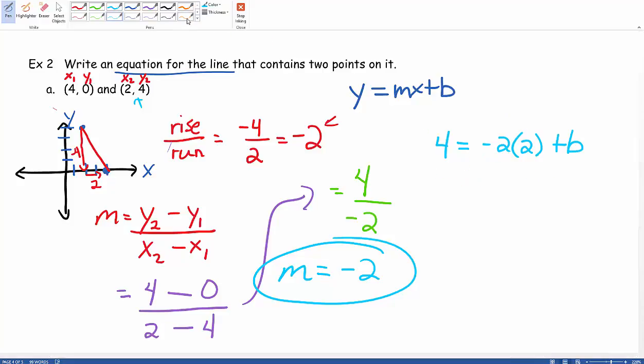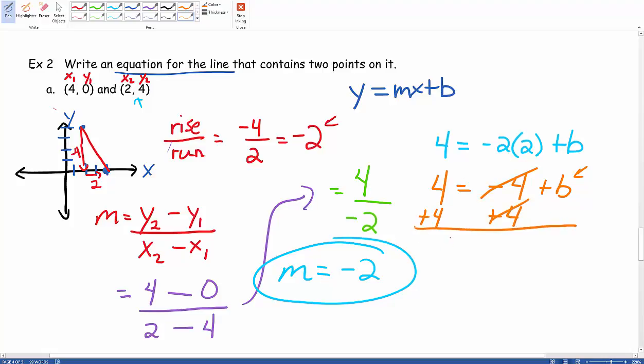Simplifying things out, we end up with 4 is equal to -2 times 2, which is -4, plus b. We need to solve for b, so we add 4 to both sides. 4 plus 4 gives us 8 on the left side equals b on the right.